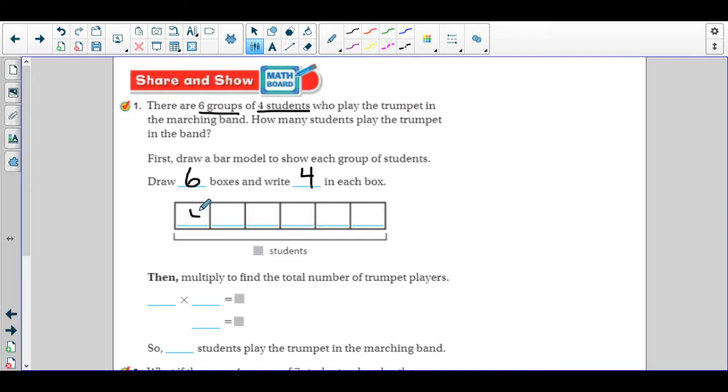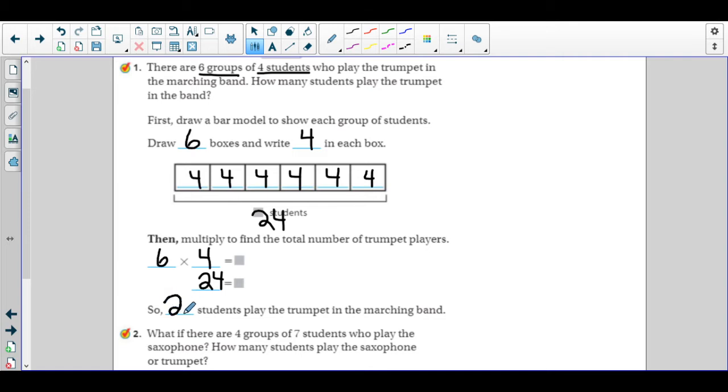So when we do that and we get a 4 in each of the boxes, what we figure out quite easily is that there are 24 students. We're going to take these 6 groups and multiply the 4 within each group to get 24. Okay, so 24 students play the trumpet.